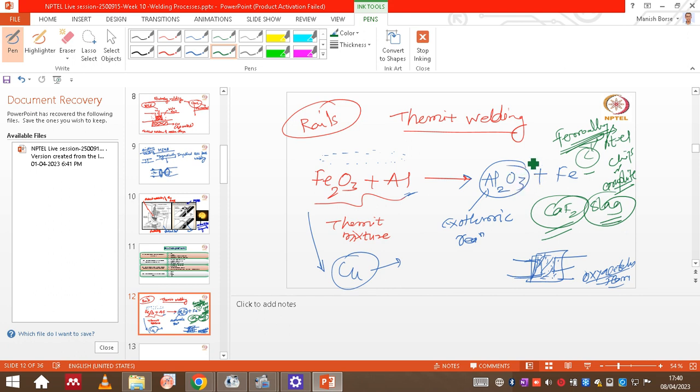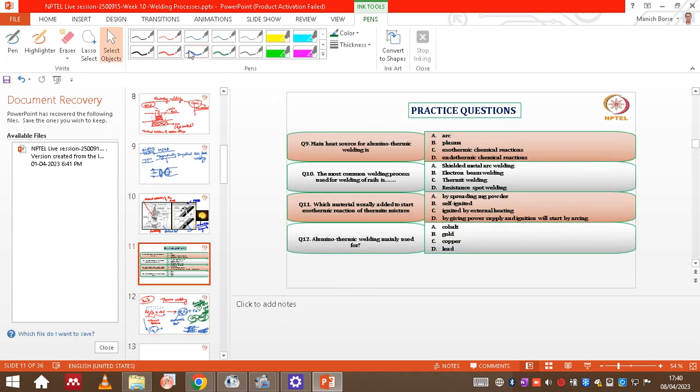So this is all for thermit welding, and then maybe we can try to solve the questions which are related to that. So the main heat source for aluminothermic welding is, as I said, the exothermic chemical reaction. Heat will be generated because of that, and sufficient molten liquid is formed because of the heat available at those interfaces, right?